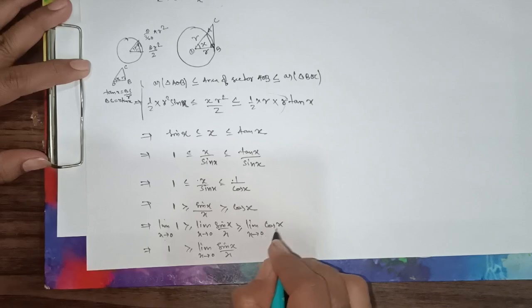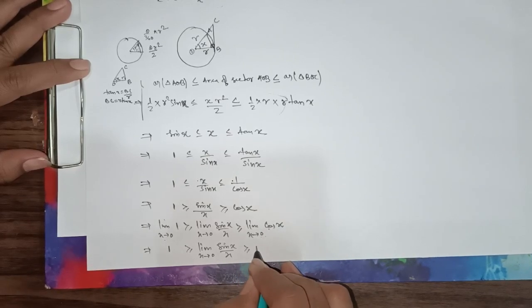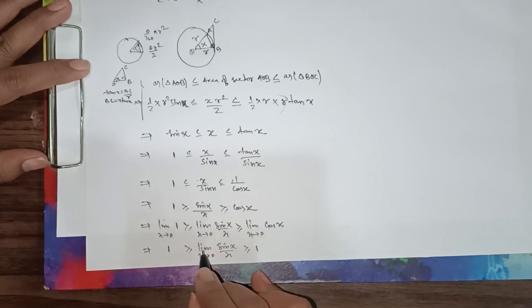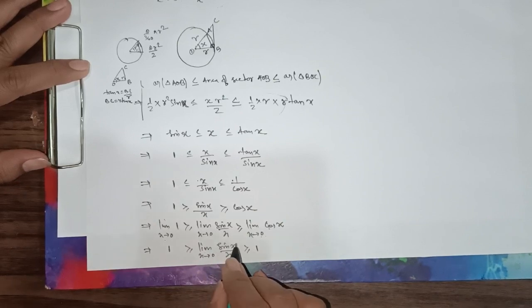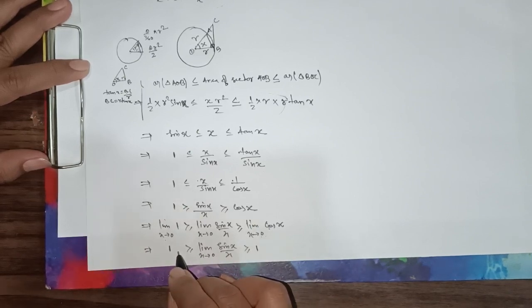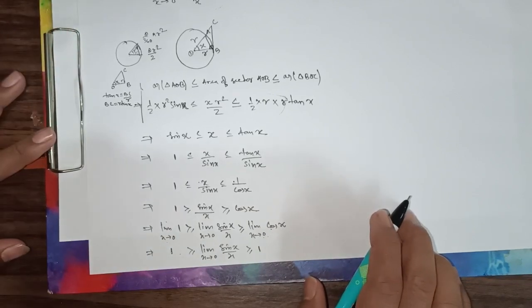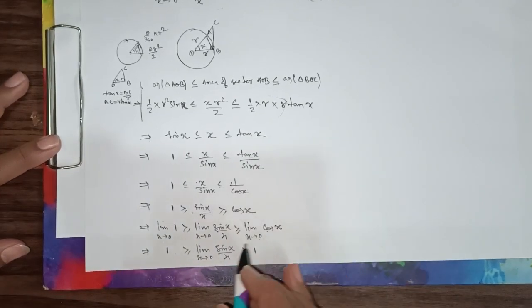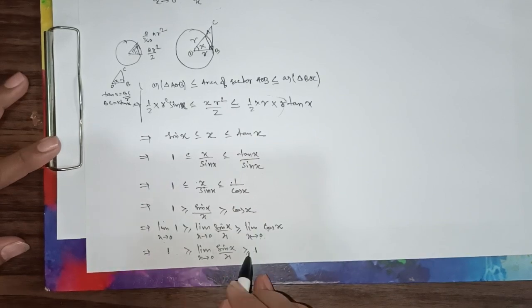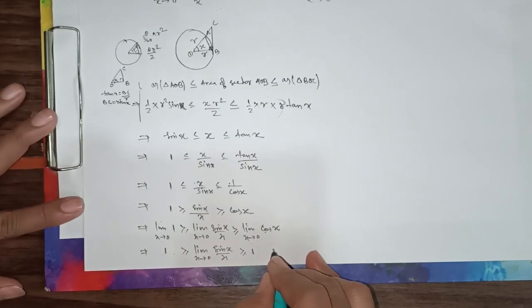And this, if you substitute the value here, you will get cos 0. Cos 0 means what? So 1. Now see, the limit of sin x by x as x tends to 0 is less than or equal to 1 and greater than or equal to 1. There is one theorem, that is the sandwich theorem or squeeze theorem. It says that if both sides are equal, this implies what?